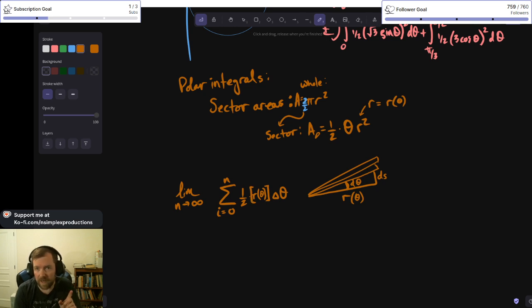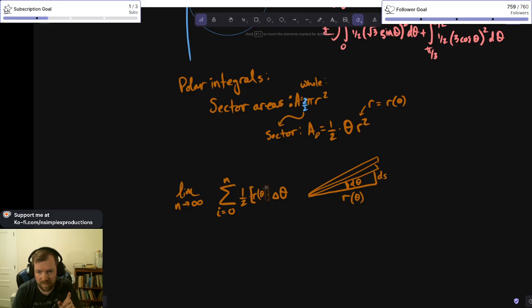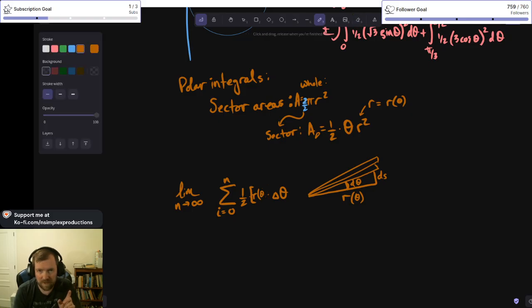theta sub i, just to make it slightly easier notationally, squared, times delta theta. In theory, our delta theta could also have an i, because you could change the infinitesimal based on whatever you feel like. But we don't do that. Generally speaking, we just let delta theta be the same all the way through, and it won't be a problem.